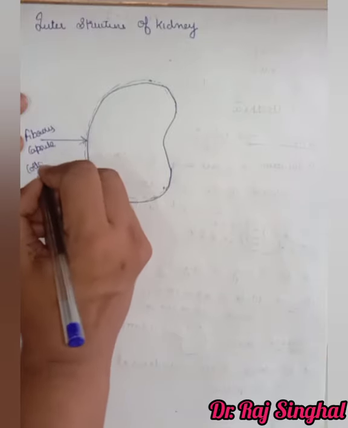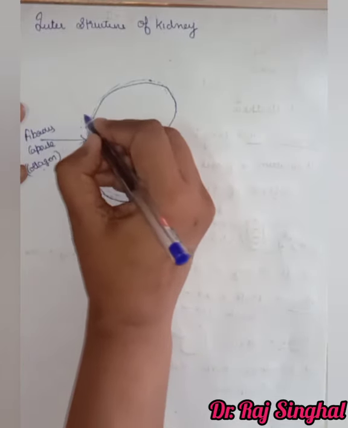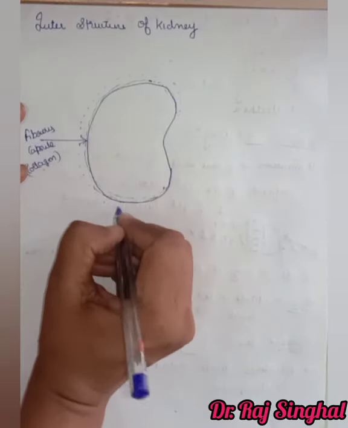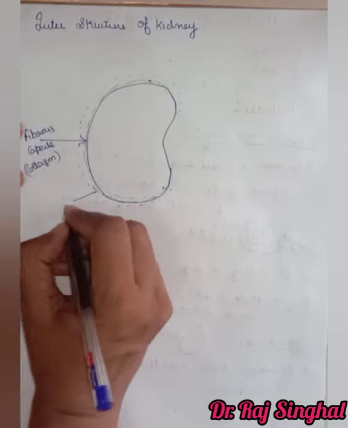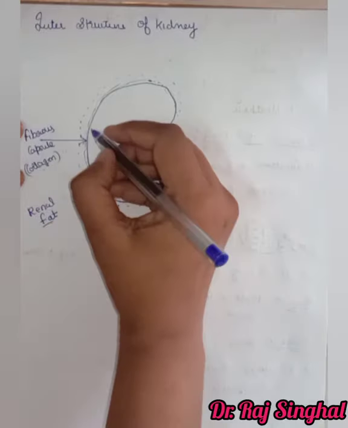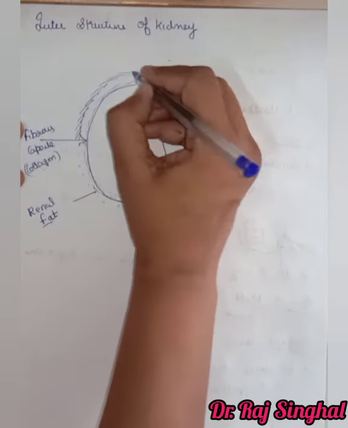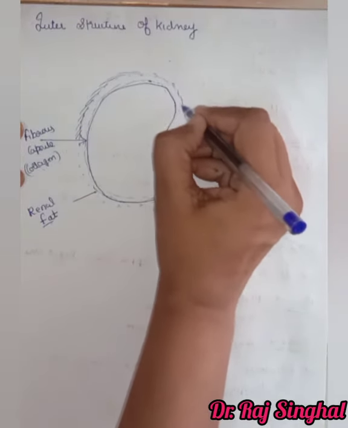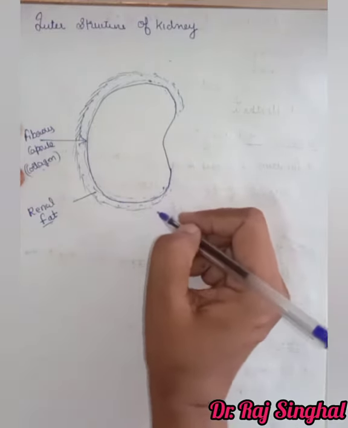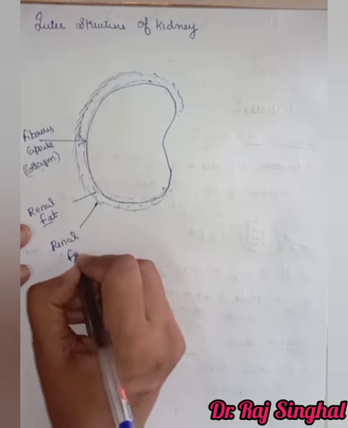It is made up of collagen fiber. Outside this fibrous tissue layer, there is one more fatty layer which is known as renal fat. This second layer is also surrounded by one more additional layer, which is also somewhat fibrous in nature and is known as renal fascia.